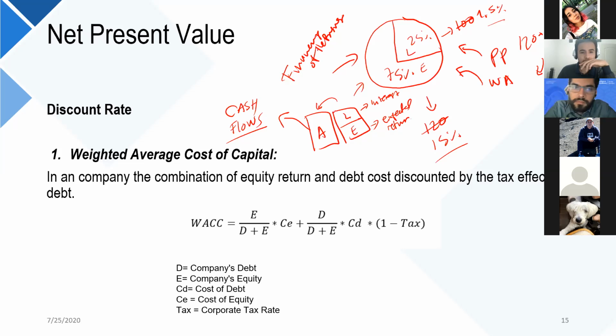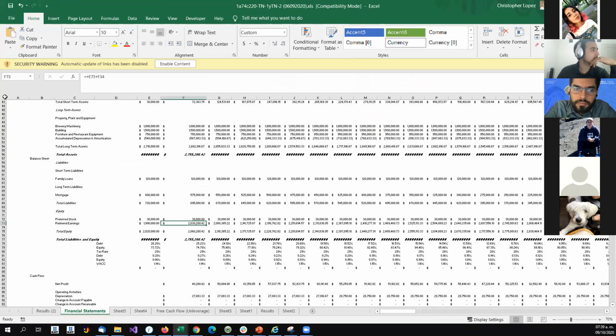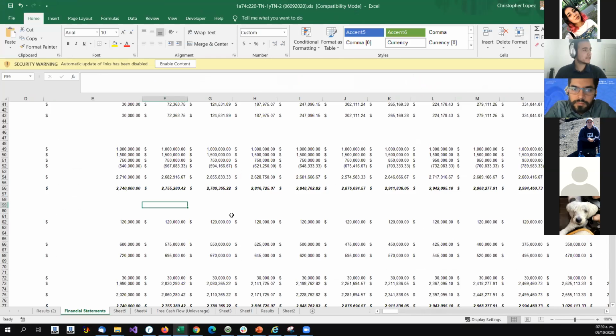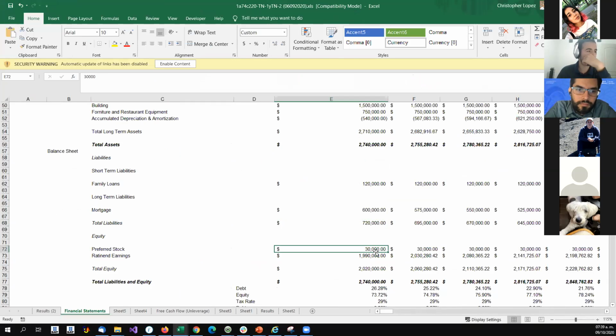Here is the homework and the answer. In the case scenario, you have debt, and then you have investment, which is the preferred stock, the first investment Fernando did, and then you have the retained earnings.